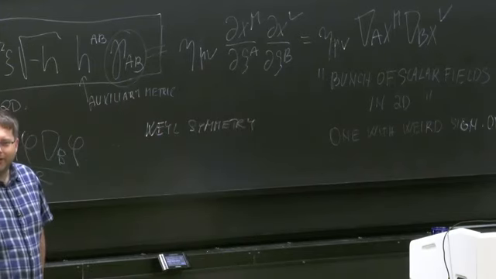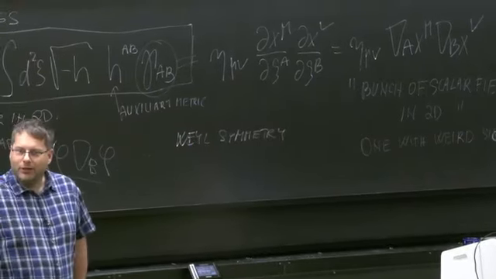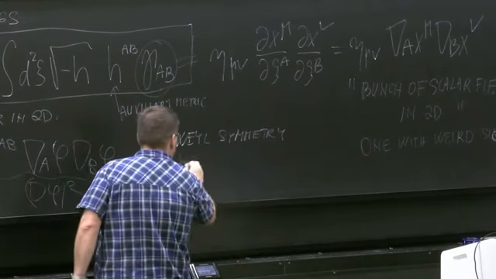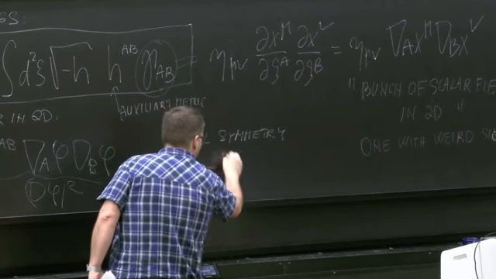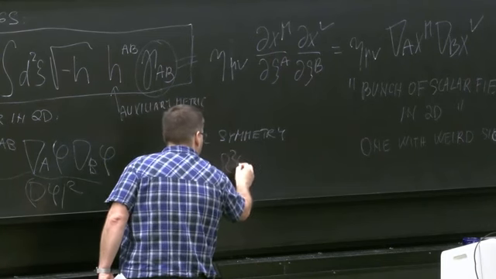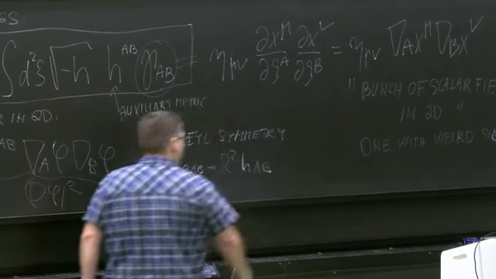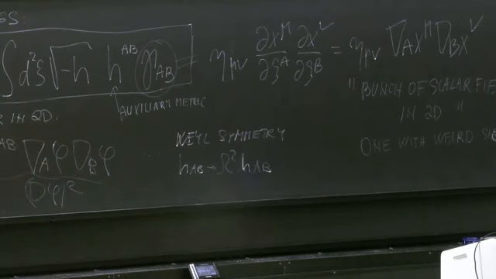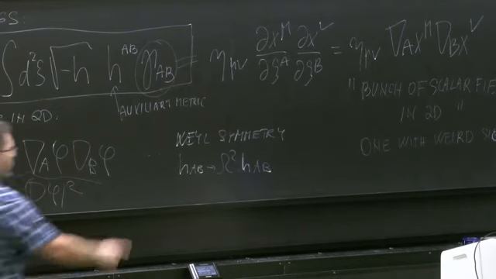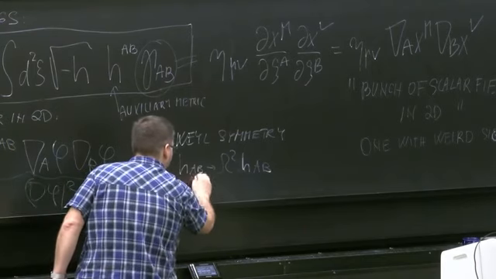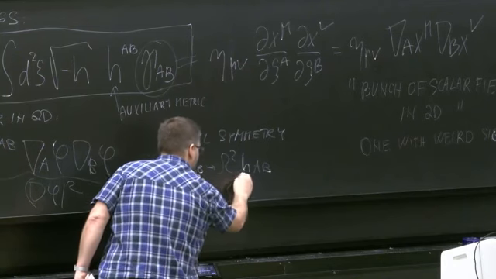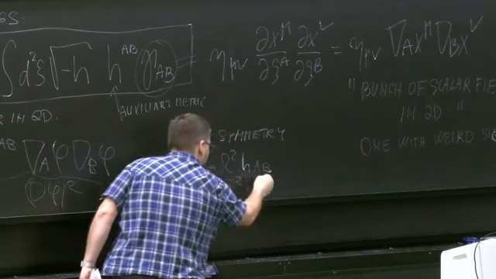You can rescale the metric by a conformal factor omega square. So I can go with HAB to omega square HAB, and my action will remain invariant. If I do this, my inverse matrix will go like omega to minus 2 HAB.